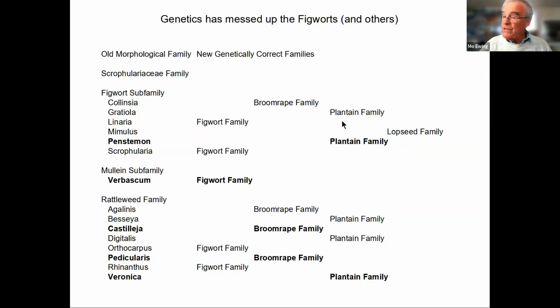And describes it differently than the other plants and the other tribes in that family. And in the turtlehead family, the plantain family, he basically describes the plantain as a classic figwort-like flower, even though it shows up in a family that doesn't look like it at all.